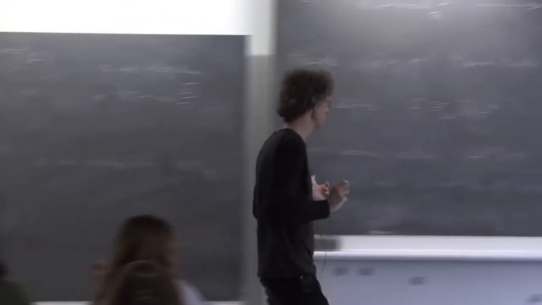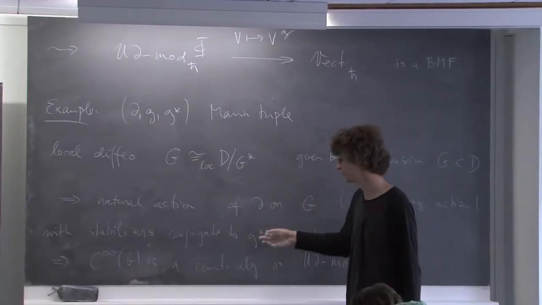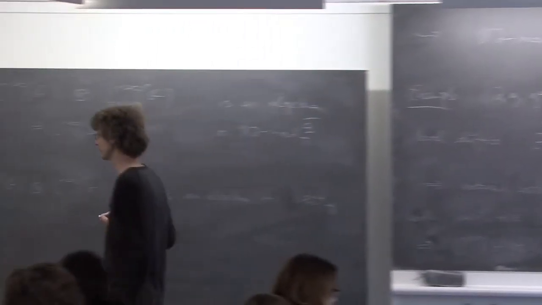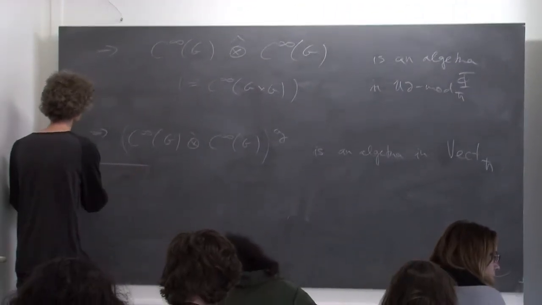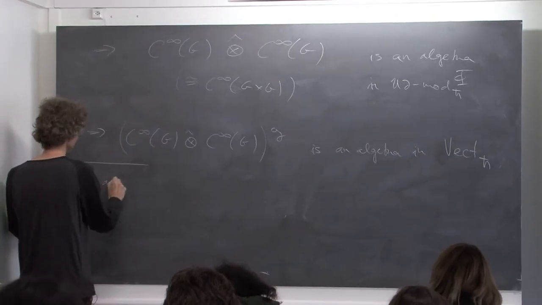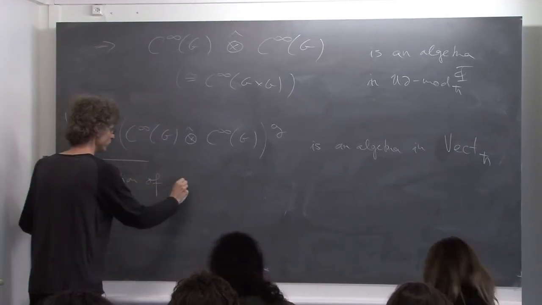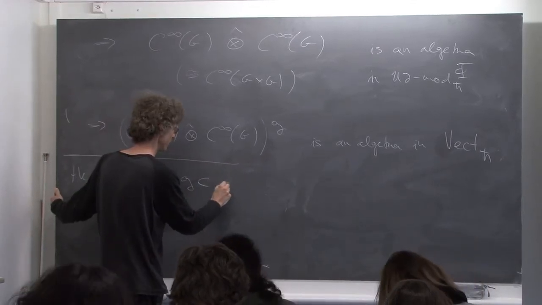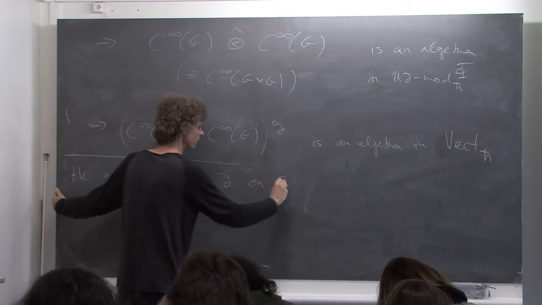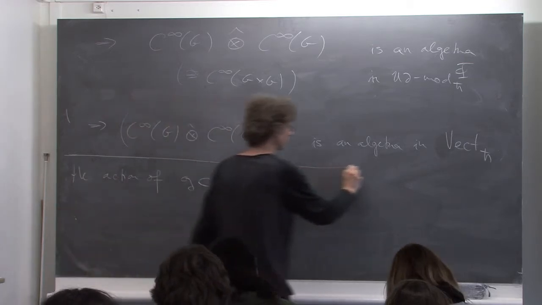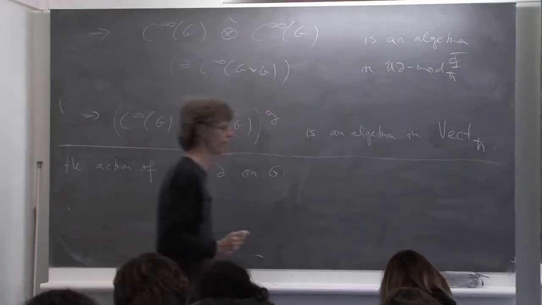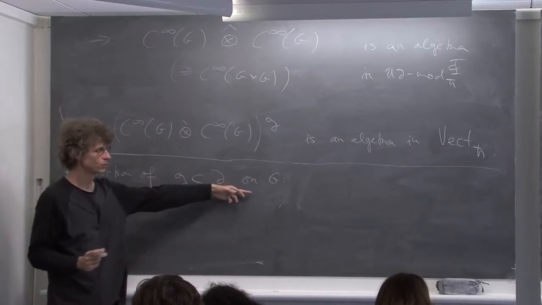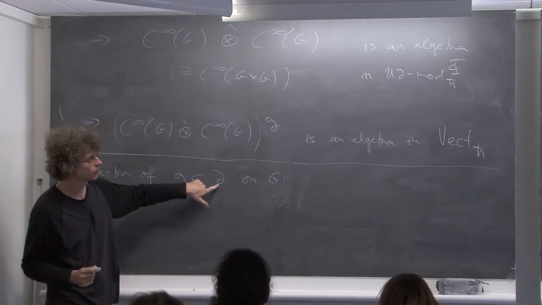You know, there was this, not very mysterious, action of D on G. So to understand that, the action of G, which is part of D, what was the action of D?